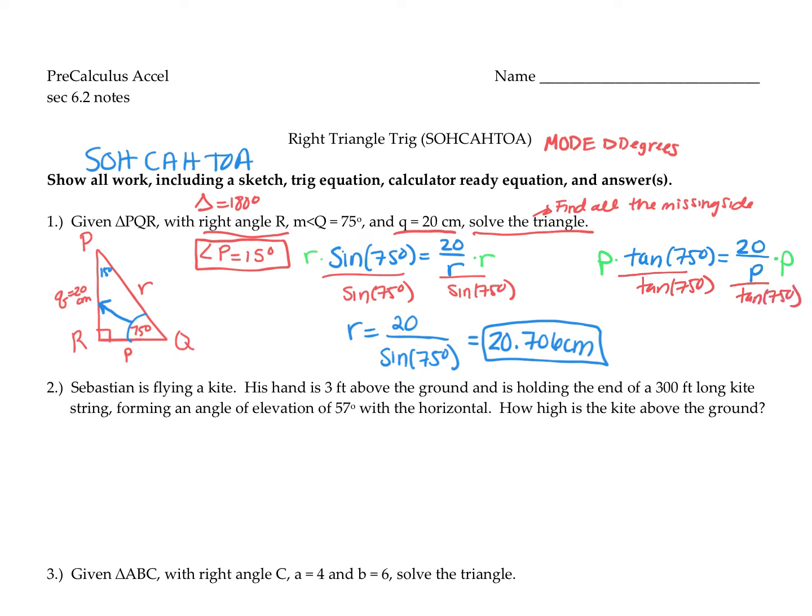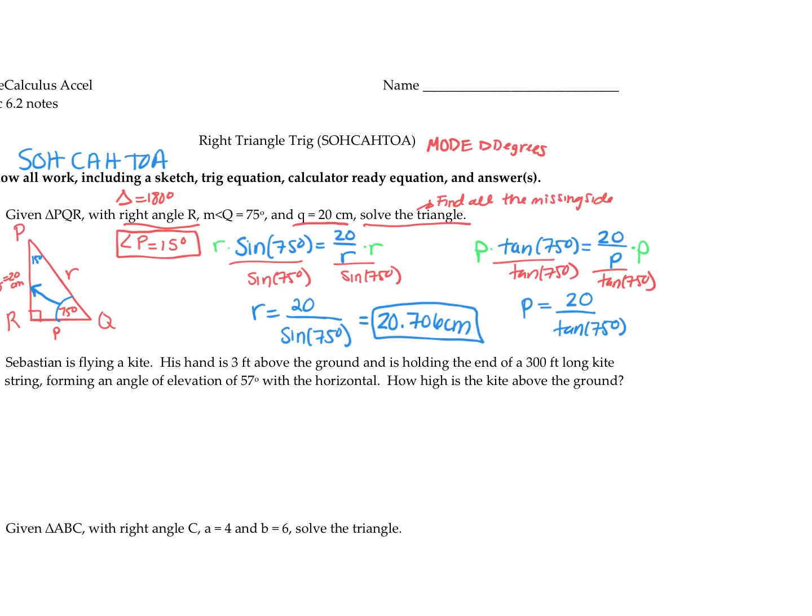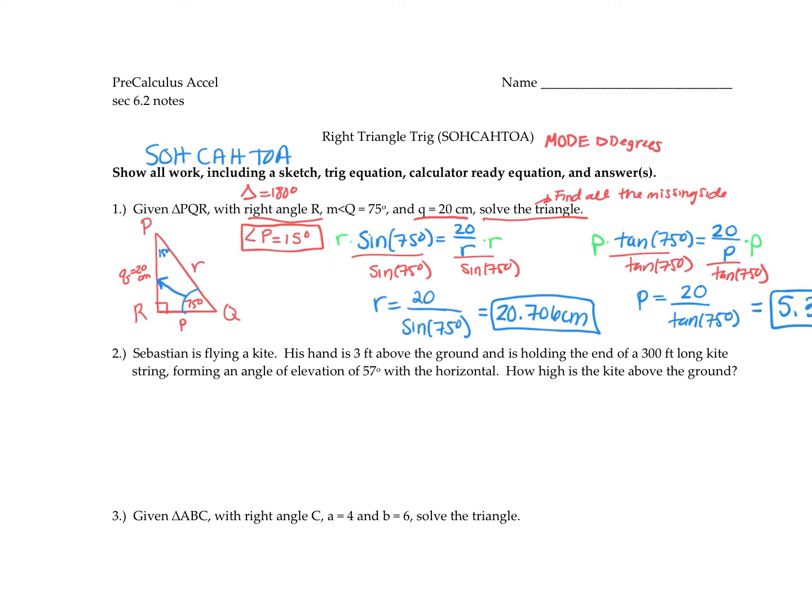So P equals 20 over the tangent of 75 degrees. When I type that in my calculator, I get that P is 5.359 centimeters. Now I know all three sides and all three angles, so I've solved this triangle.